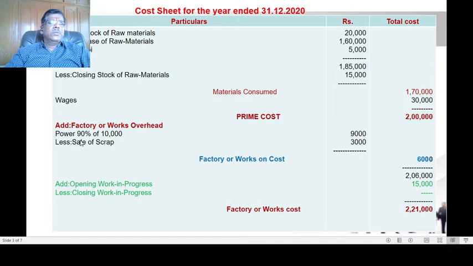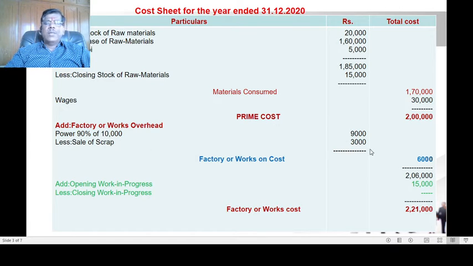Usually power relates to the factory or works overhead, but 10% of power relates to the office. That is why 10% is apportioned to the office and administrative, and the remaining 90% is apportioned to the factory or works overhead. 90% of 10,000 is 9,000. The remaining 1,000 is apportioned to the office and administrative overhead.